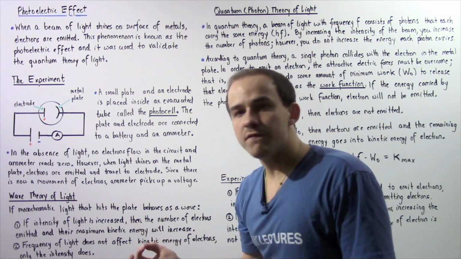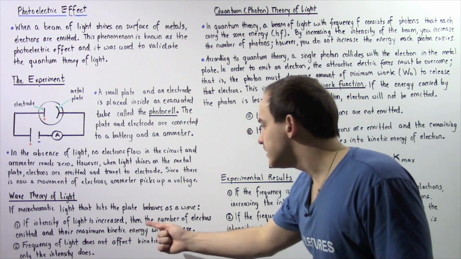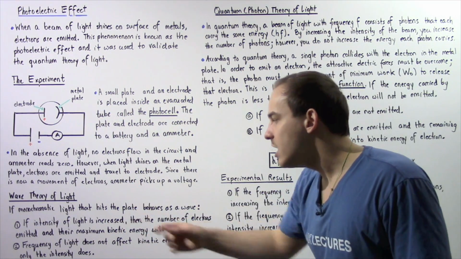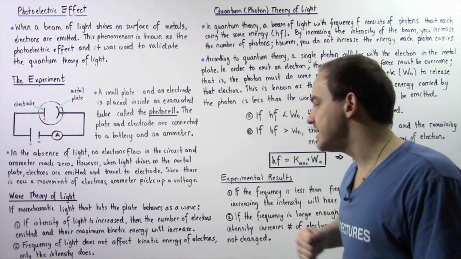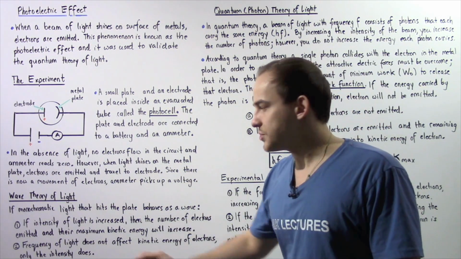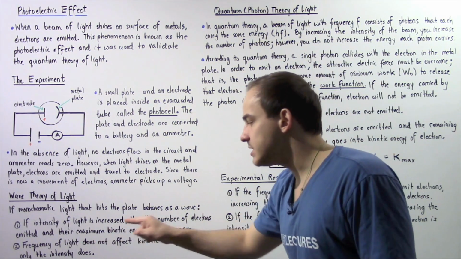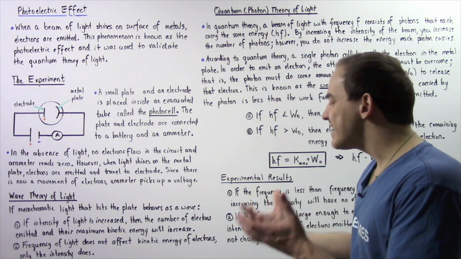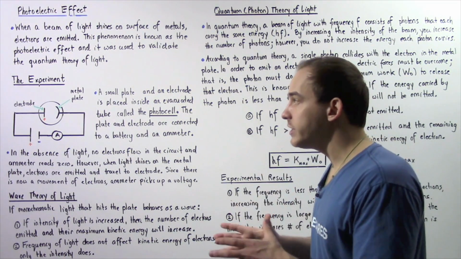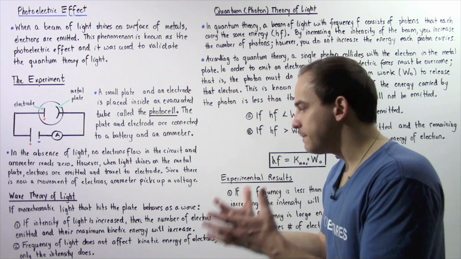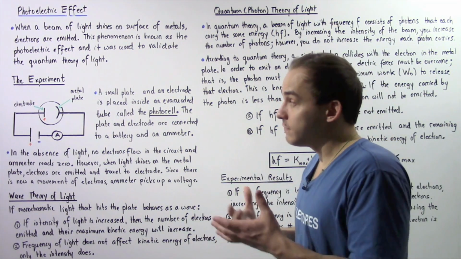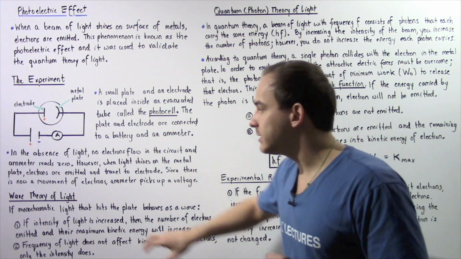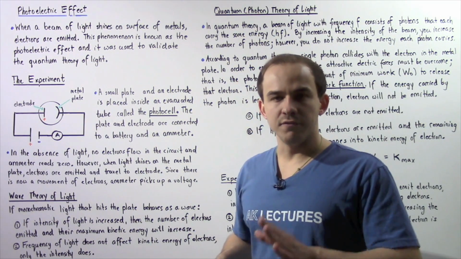One, if the intensity of the light is increased, then the number of electrons emitted from the metal plate and the electron's maximum kinetic energy must increase. And two, the frequency of light should have no effect on the kinetic energy of the electrons. Only the intensity actually should affect the kinetic energy, the velocity of our electrons. So these two things are predicted by the wave theory of light.